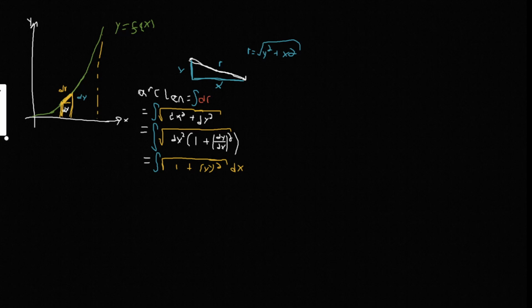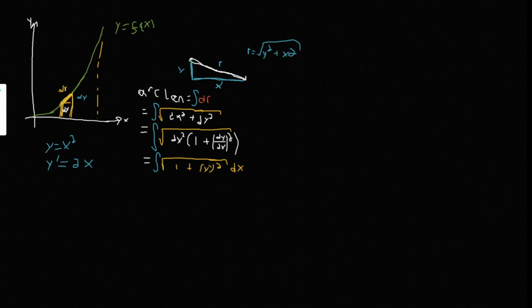We can now just substitute whatever numbers we need. Let's say f of x is x squared. It kind of already looks like a parabola. So y is equal to x squared. What we need is y prime. Take the derivative of x squared, that's just 2x.